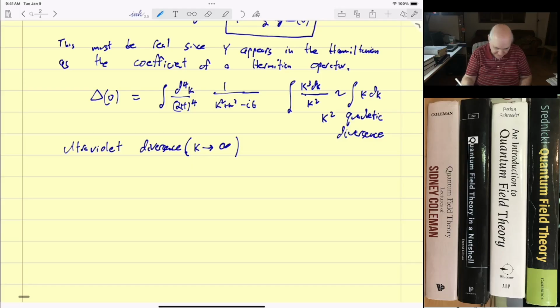So just to give you an outline, we're not going to actually do it for a couple of lessons, but we proceed by introducing a cutoff lambda to ensure convergence.